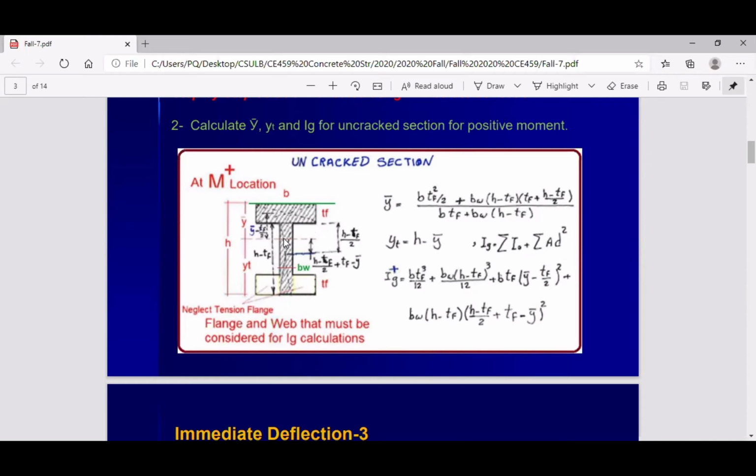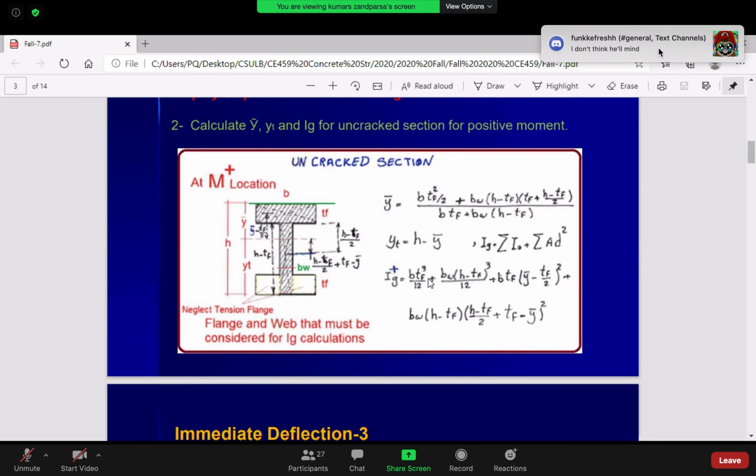For this rectangular shape, it is BW times H minus TF to the power 3 divided by 12. These two are sigma IO.